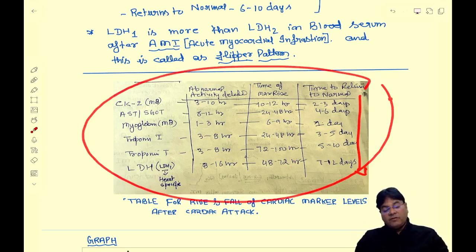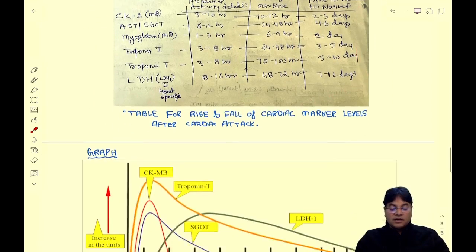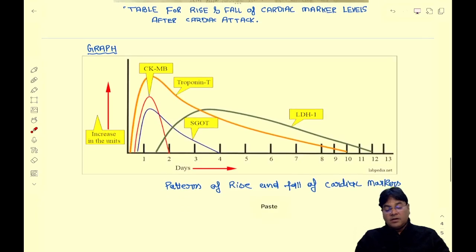If we represent this chart in the form of a graph, then it is here. This graph clearly shows that the number of days or hours increases along the bottom and the activity increases going up. So these are the different cardiac markers shown with the help of different graphs.